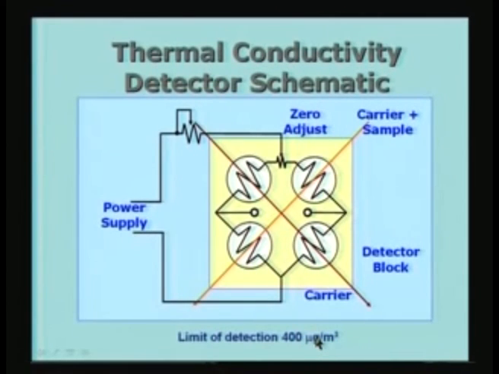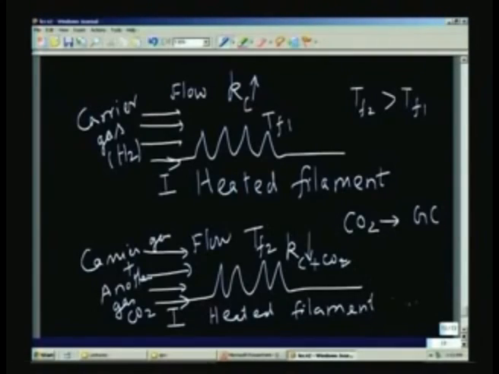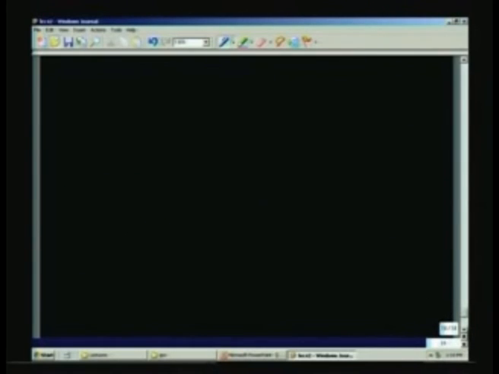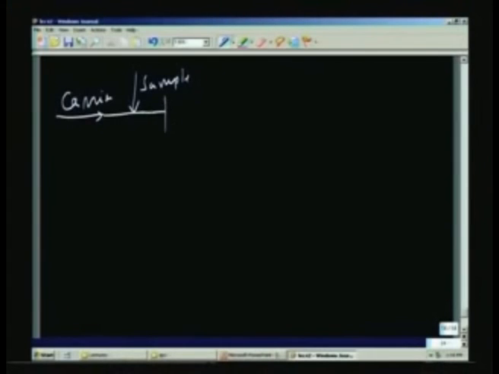Let me just complete this by showing you what we expect in the case of a GC detector. Let us assume that we have a GC arranged like this. You have the carrier, this is the sample, then it goes through the separator or separation column, and then what comes out is different gases.